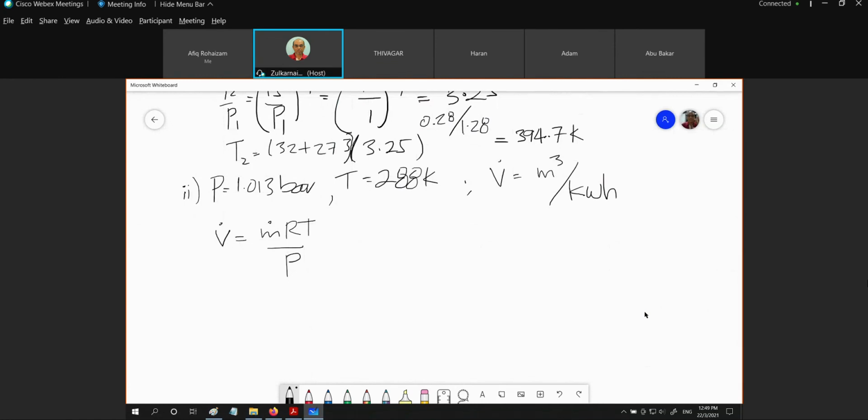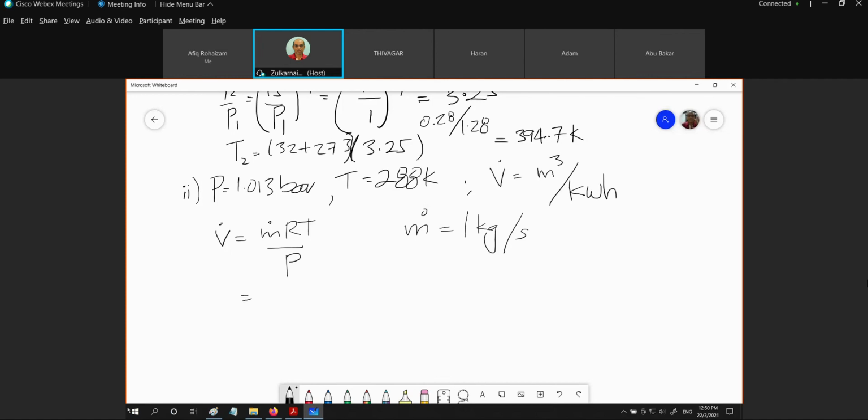Let's calculate V dot. Say for every M dot of 1 kilogram per second, let's do this first. We assume that for every 1 kilogram per second, what is the V dot?